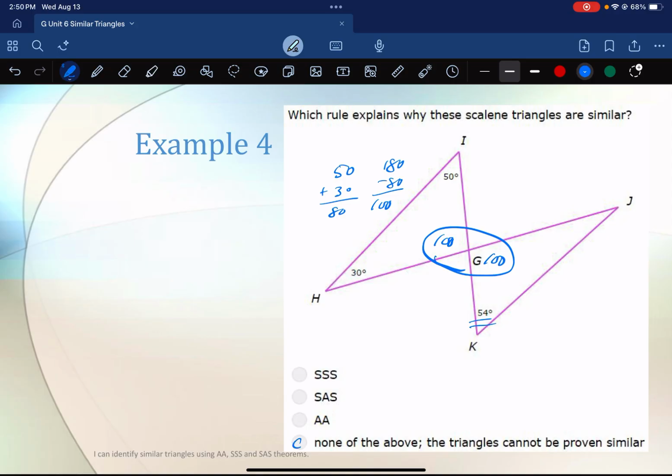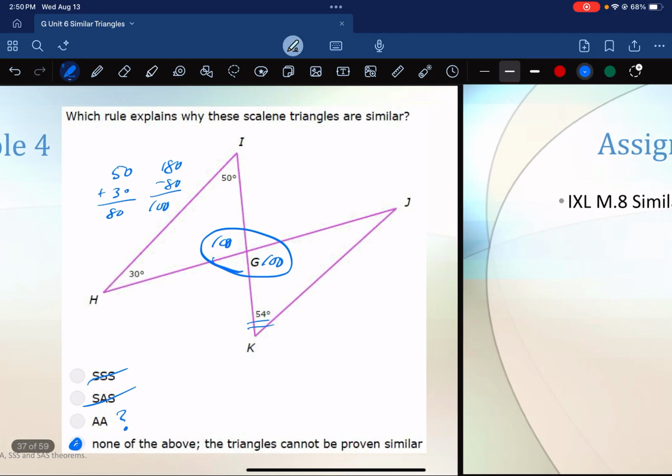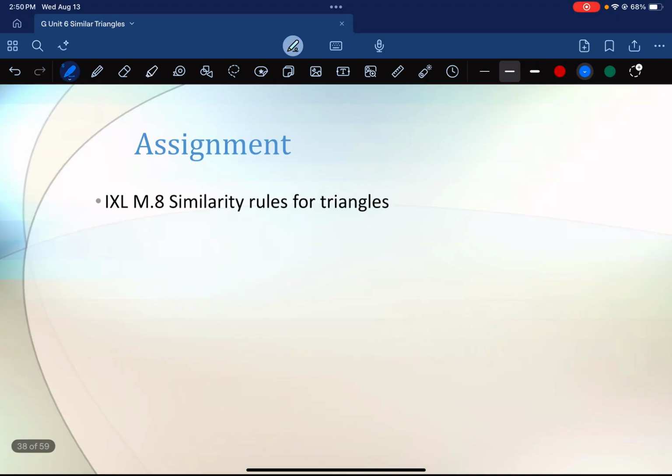So again, these are not similar. I don't have any sides, so my only hope was angle, right? No side lengths, so I can't use those if I don't have any sides. Okay, so you look at IXL M8 and see how you do on that one.